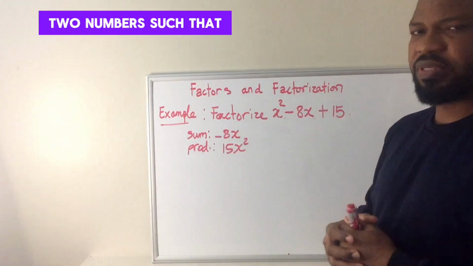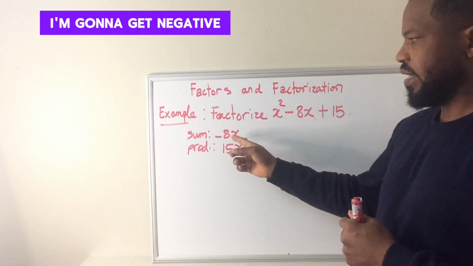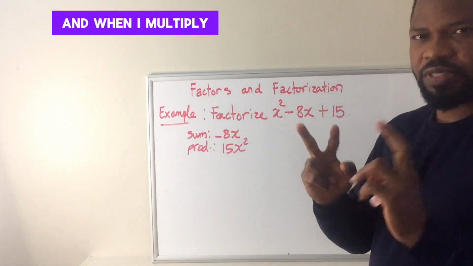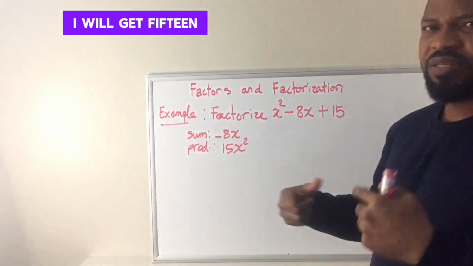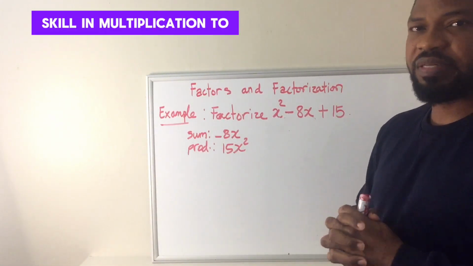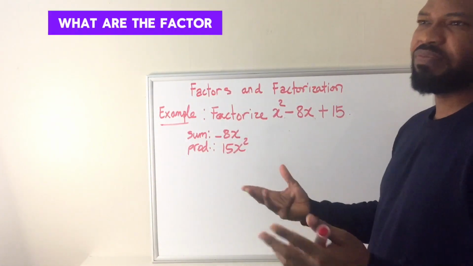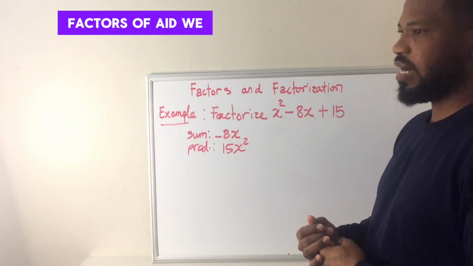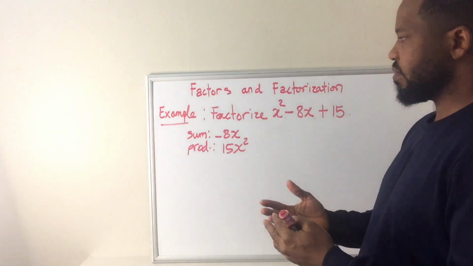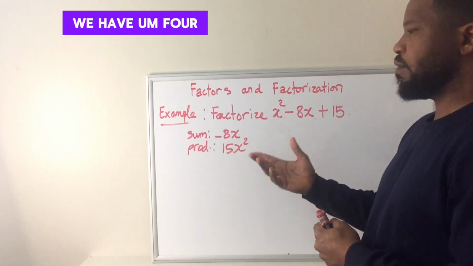So what are the two numbers such that when I add, I'm going to get negative 8, and when I multiply, I will get 15? You start running through. You need a very fluent skill in multiplication to really do this. You look at 8. What are the factors of 8? We have 2, we have 4.